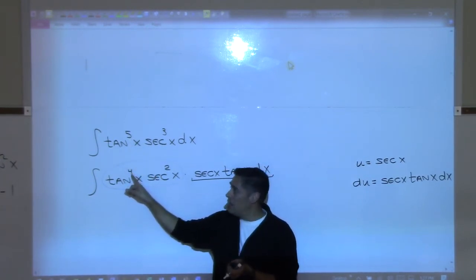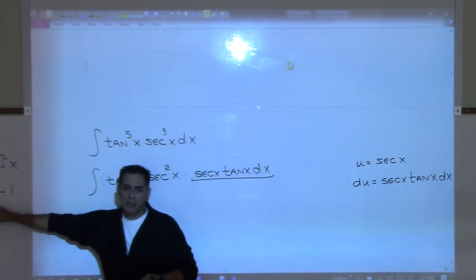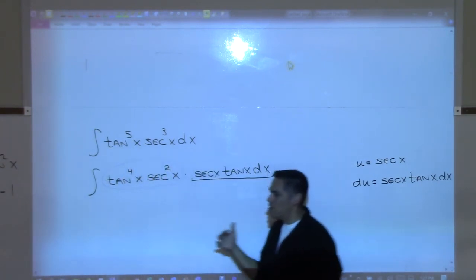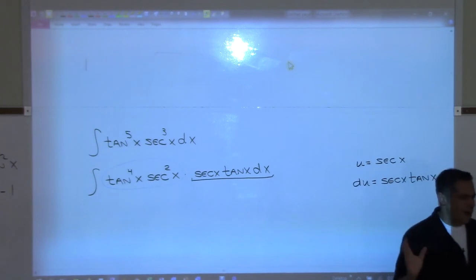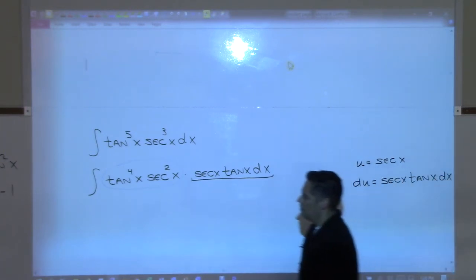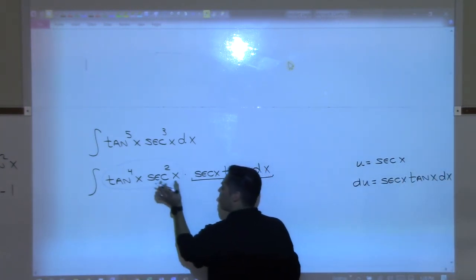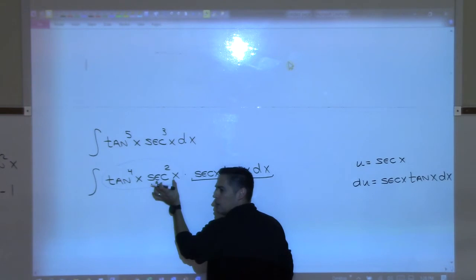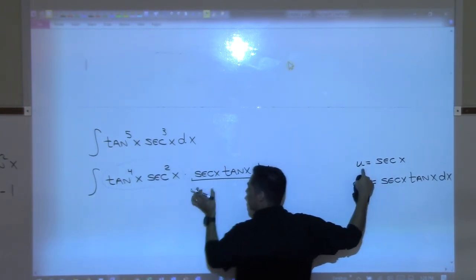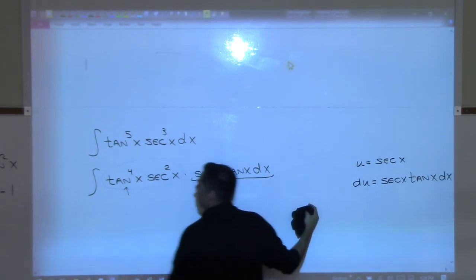If it's even, then I can use this identity. So I'm always going to be able to get tangent back to secant because it started odd and I peeled one off. I hope this is registering. So are y'all clear? We're not worried about this at all. Secant squared doesn't matter because secant's going to be u, so that's going to be u squared. That's du. It's just really this piece right here.